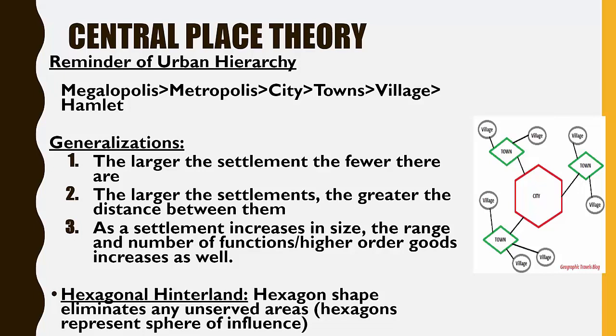And so what Christaller argued was we could actually take each city, each town, each village, each hamlet, and we could create what's called a hinterland for that. Now, we could draw circles around it, he said, but he chose to use the hexagon shape. And that shows the maximum impact that city has on people.